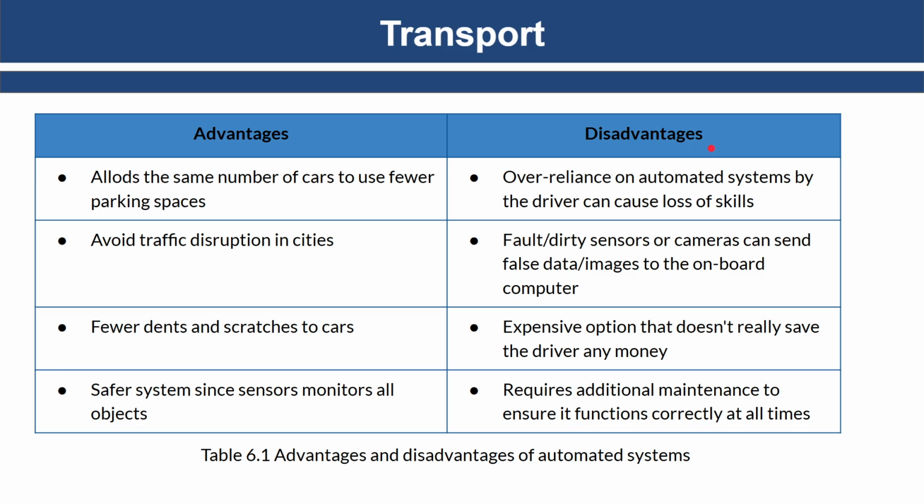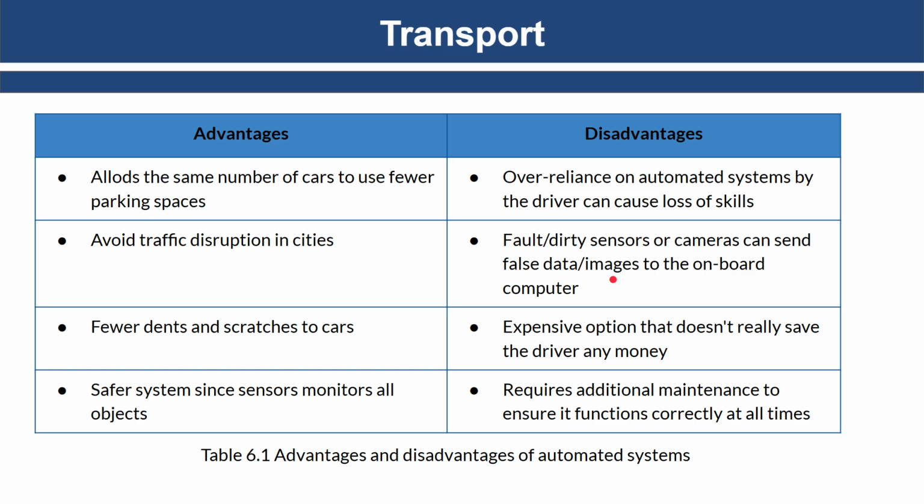What are the disadvantages? Over-reliance on automated system by the driver can cause loss of skills, meaning that when the driver relies on automated system for a long period of time, after a while, they will not know how to drive. Then, faulty or dirty sensors or cameras can send false data and images to the onboard computer.